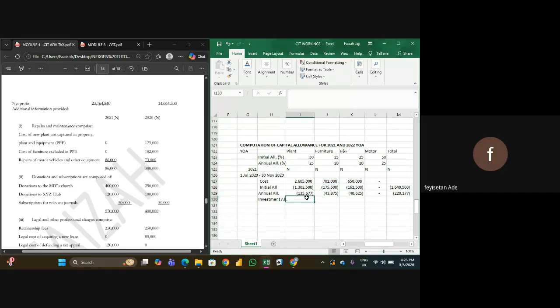Okay, so it's not the 125 we're picking. This 125 is for plants, and 182 is for furniture. So we have to do it for both. Yes, because they are two different assets. So when we are disallowing expenses, we disallow it from the expense, and we add it back.